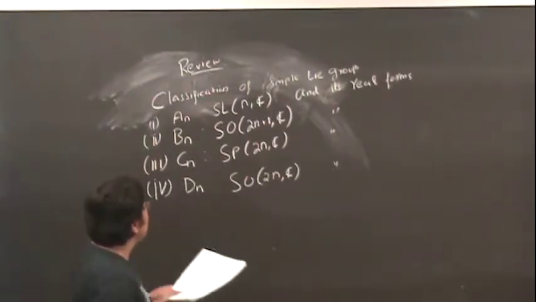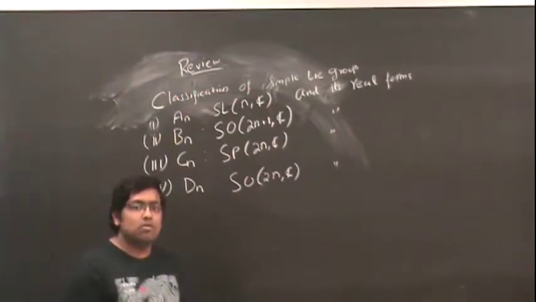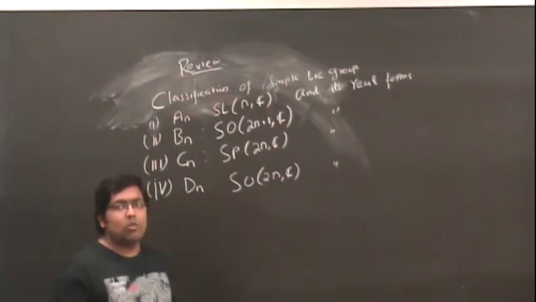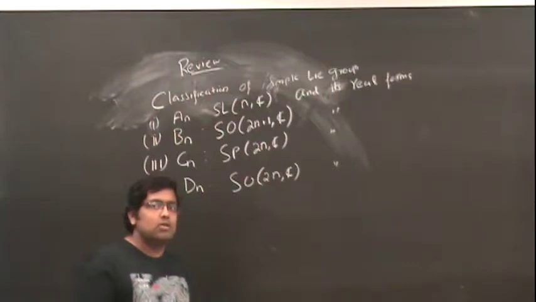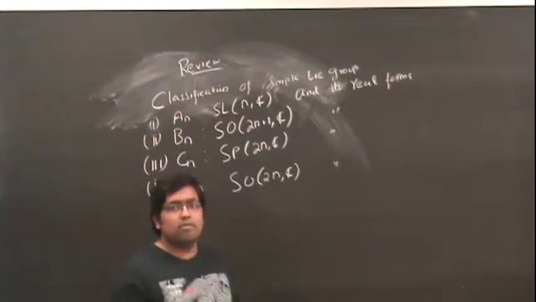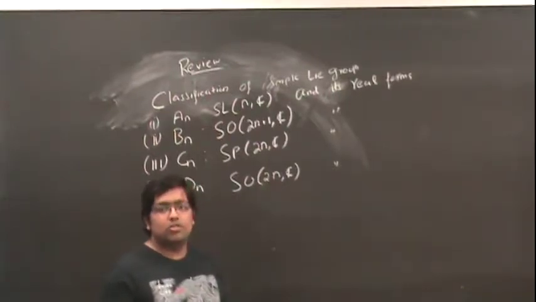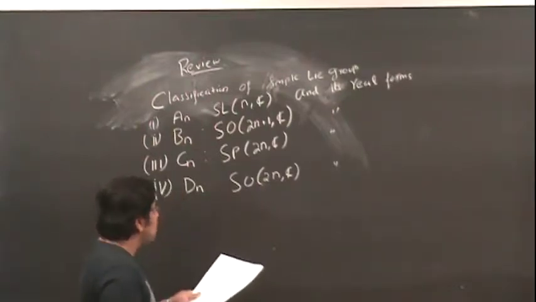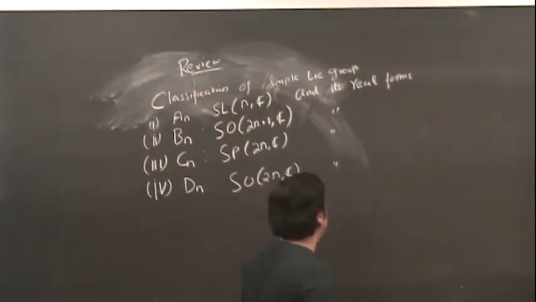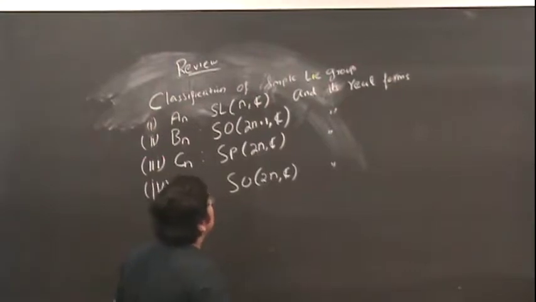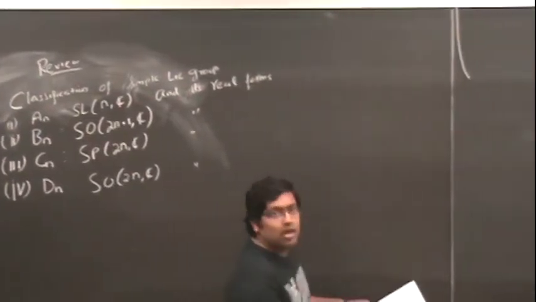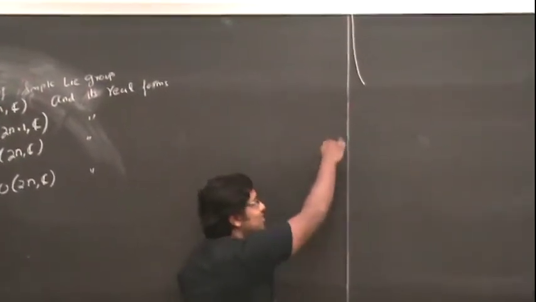So now, given these complex forms, you remember how we take its real forms. We had to define some kind of transformation called the conjugation, right? So let me first define what a conjugation is.